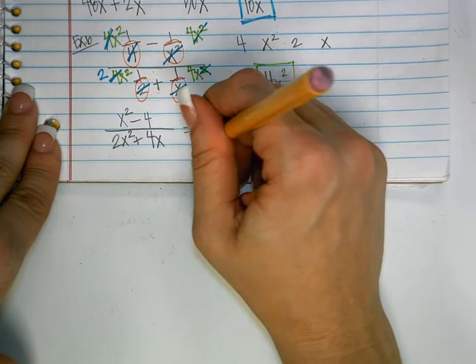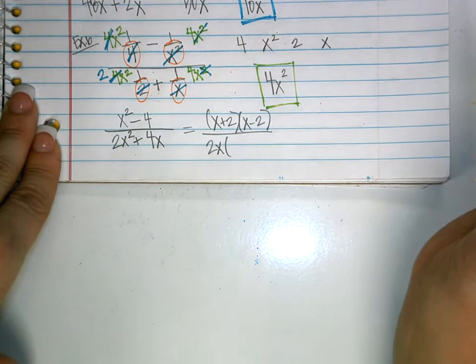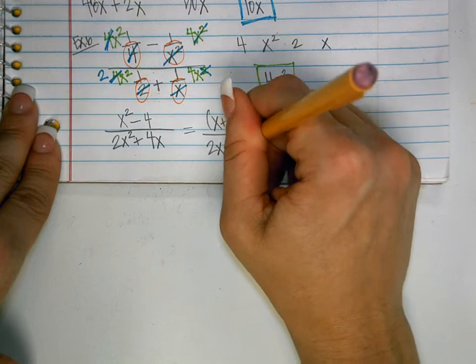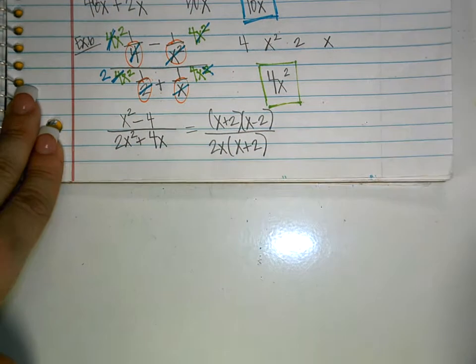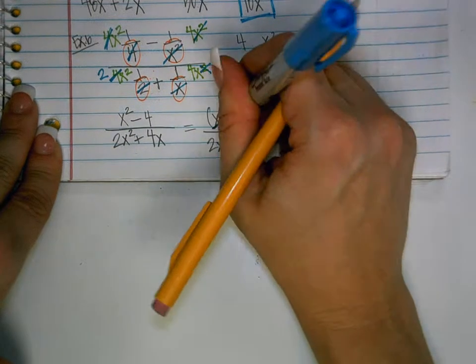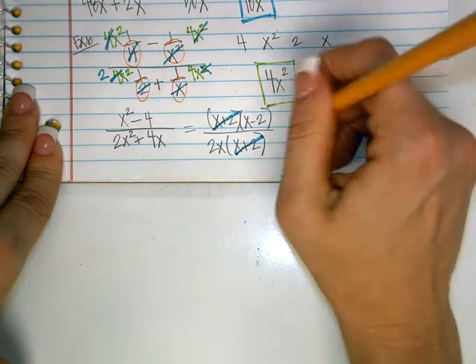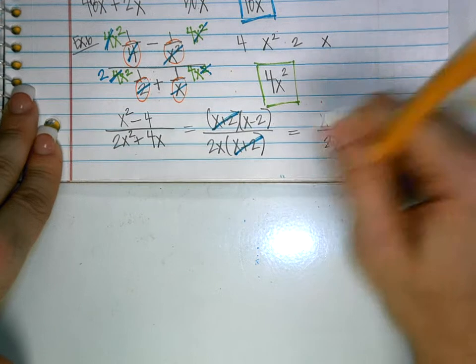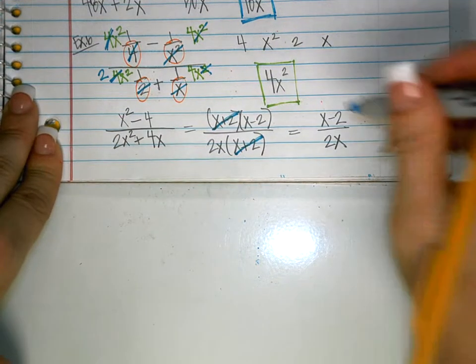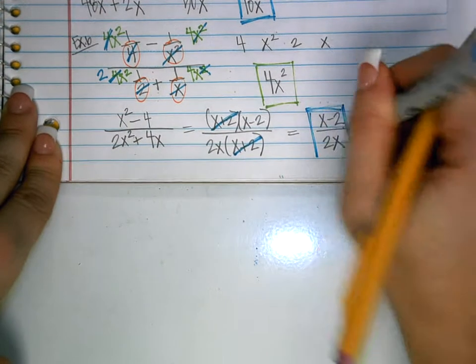Take out a GCF of 2x, and what's left behind? X plus 2. Now I can reduce again. The x plus 2's reduce each other away, and you get an answer of x minus 2 over 2x. Can any of that reduce? No, because the top is attached by a plus or minus.